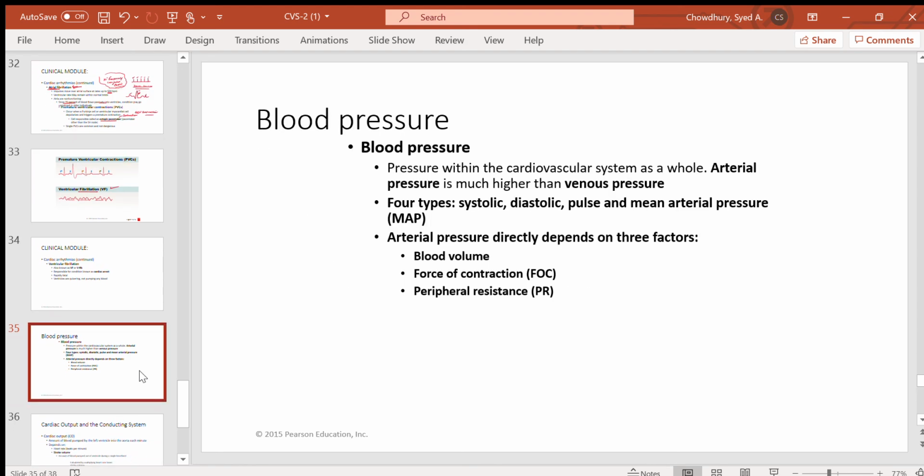Blood pressure. Blood pressure is the lateral pressure given by the blood. That's why it is called blood pressure. Who gives this pressure? Blood. And this pressure is on the wall of the artery. So blood pressure is the lateral pressure given by the blood on the arterial wall while the blood passes through it.